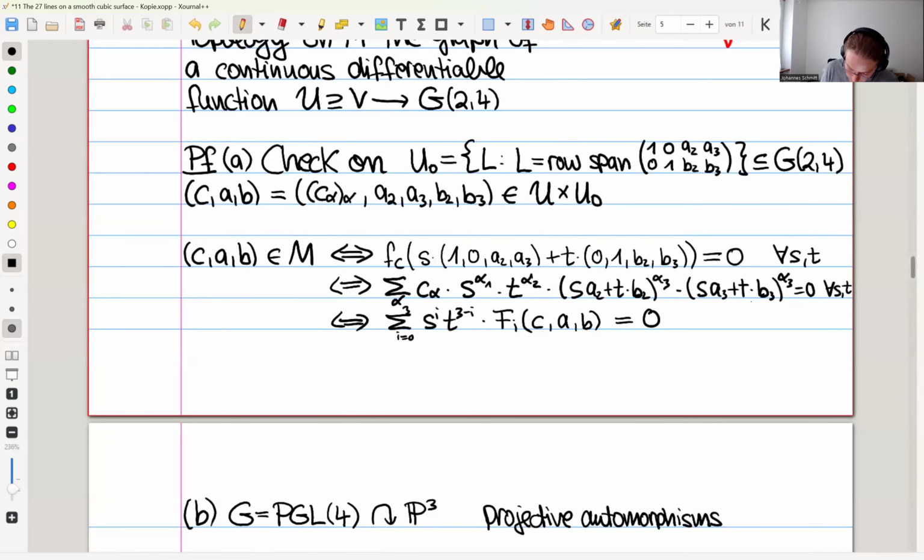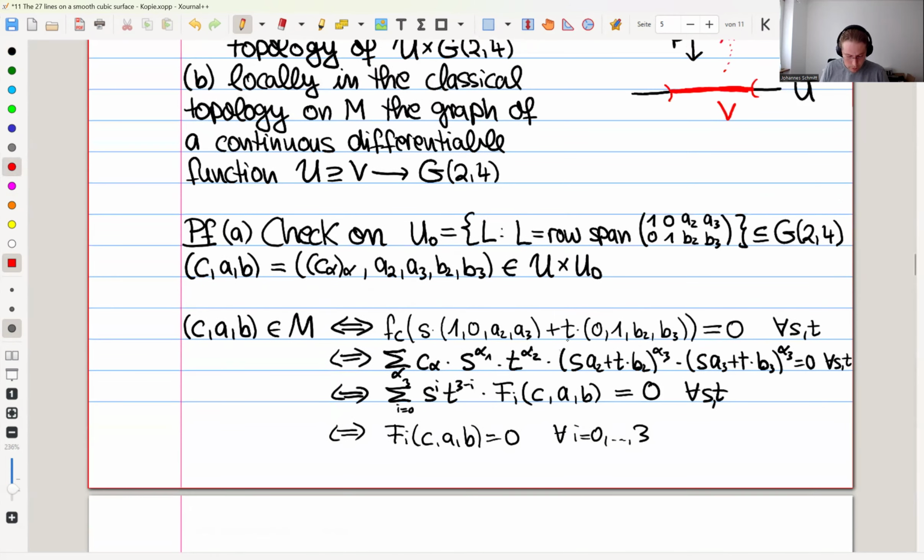And this should be 0 for all S, T. But now this polynomial vanishes for all S and T if and only if all of these coefficients vanish, right? So for i equals 0 up to 3.